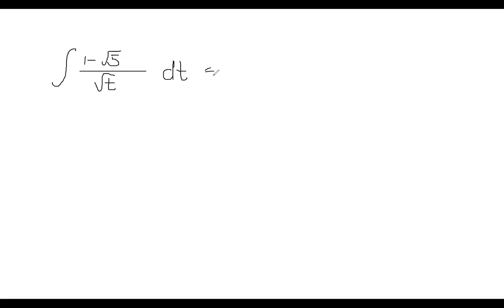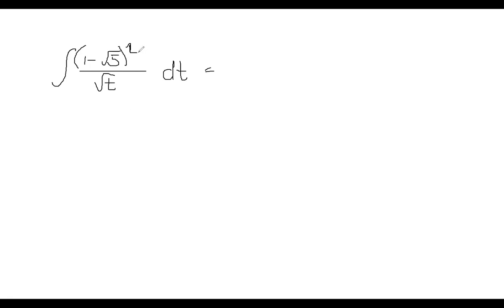So in this case, what should we do? There is a square here. The first thing we should do is again make it as simple as possible, as solvable as possible.